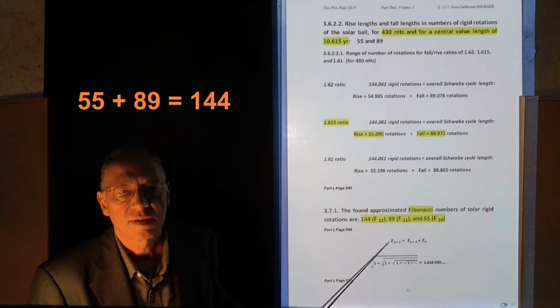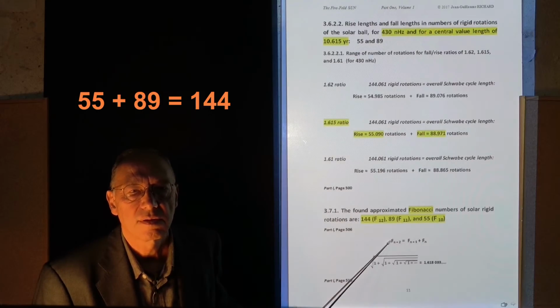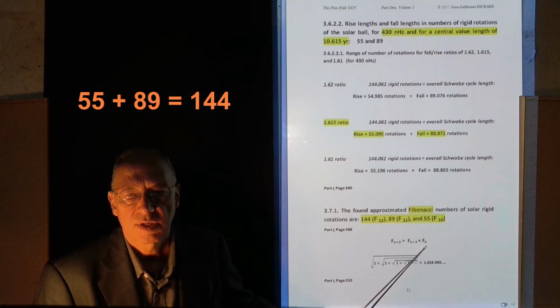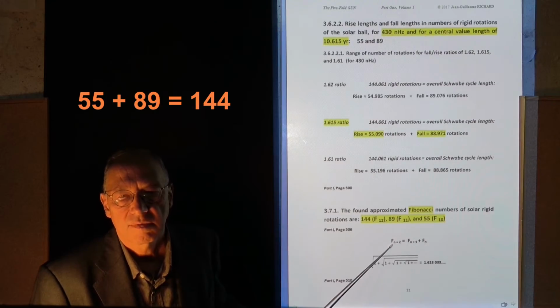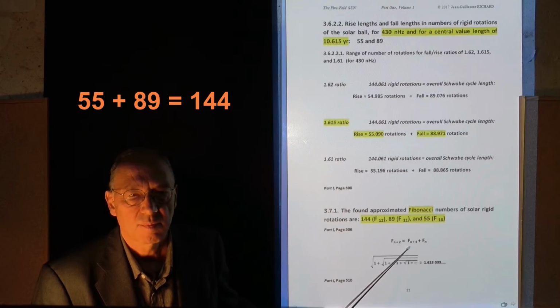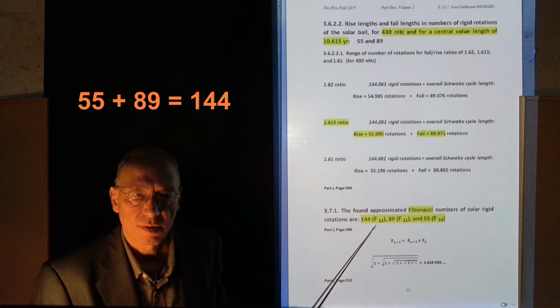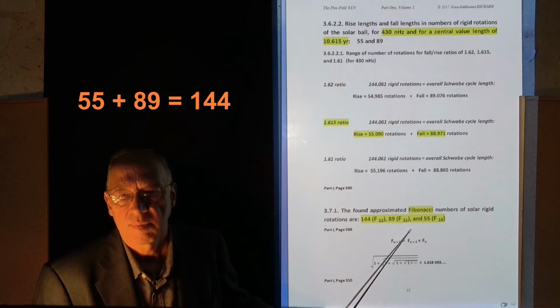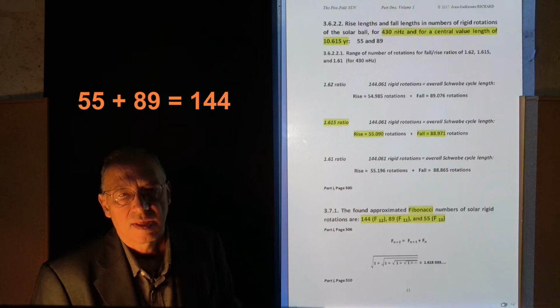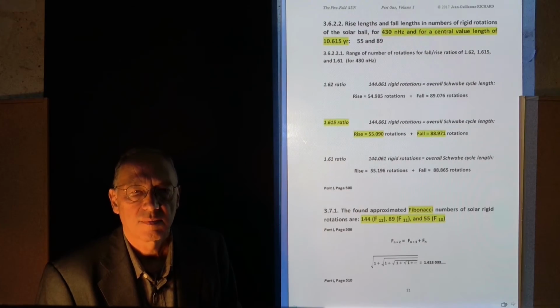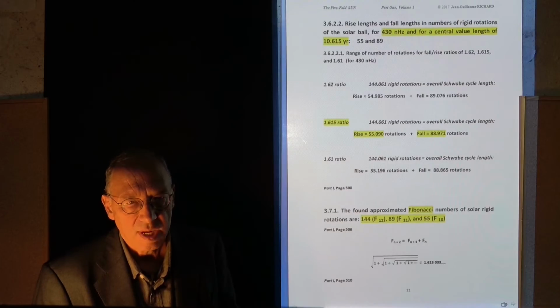The earliest definition of the recursive relation, which is the Fibonacci sequence, is F(n+2) equals F(n+1) plus F(n). So you see 144 equals 89 plus 55.